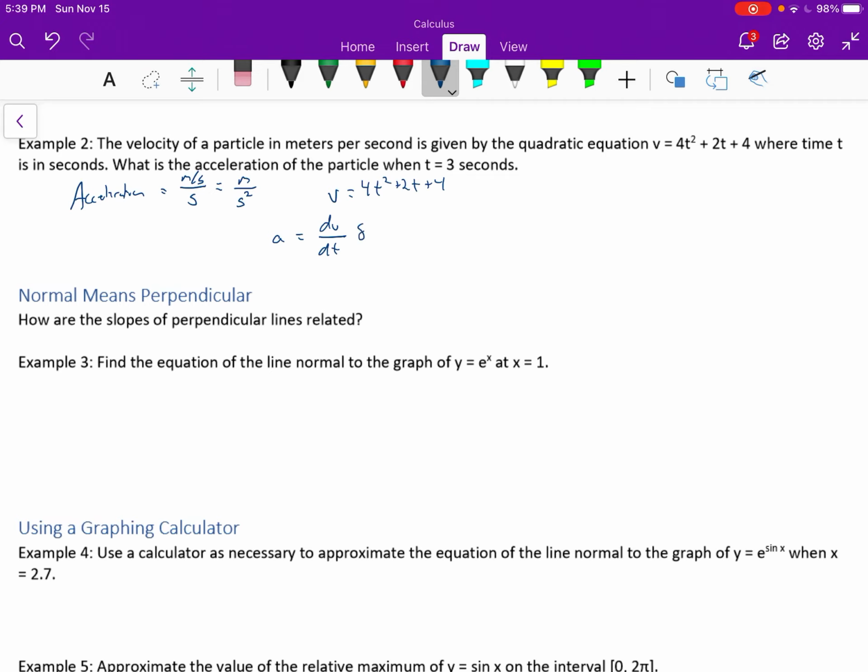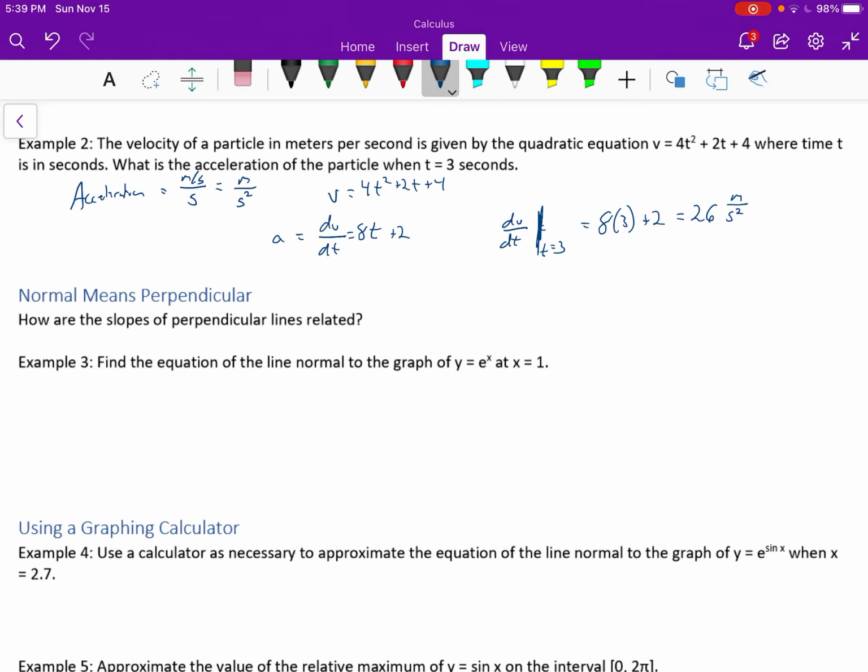And so this is 8t plus 2. And we can evaluate that because we want to know what's the acceleration at 3 seconds. So we put in 3 for t, and that is going to be 8 times 3 plus 2, which is 26 meters per second squared.